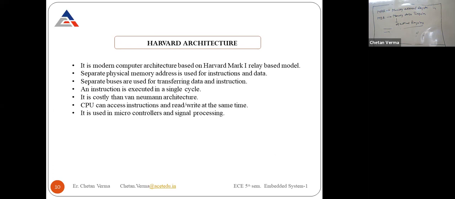Second advantage is that data and instruction may be accessed simultaneously. Third, it offers higher performance because Harvard allows simultaneous fetching of data and instructions.